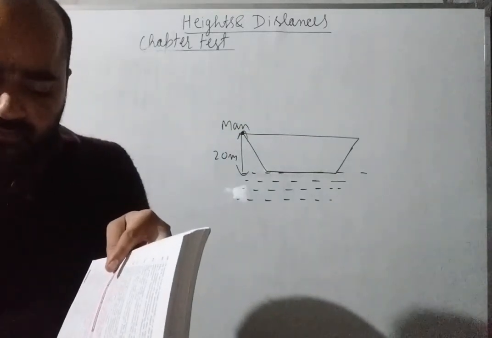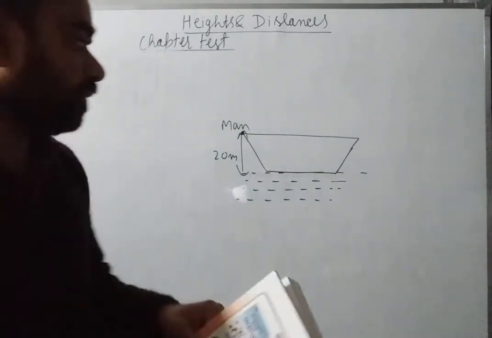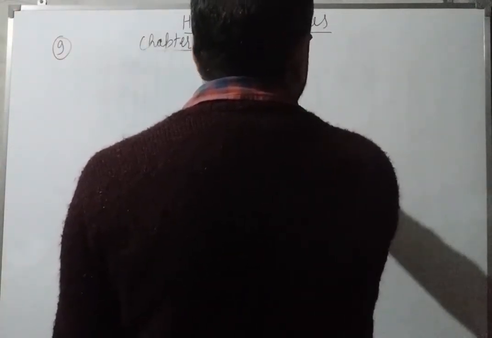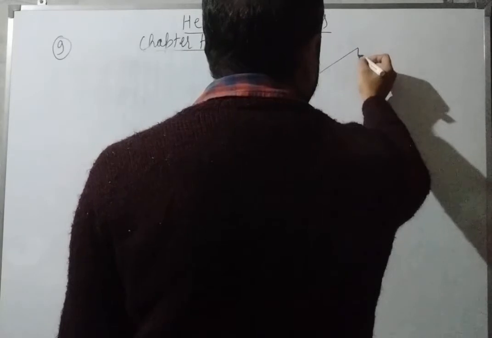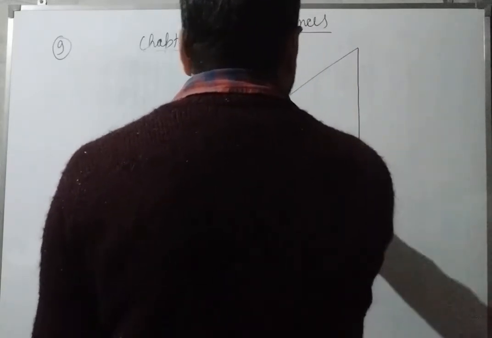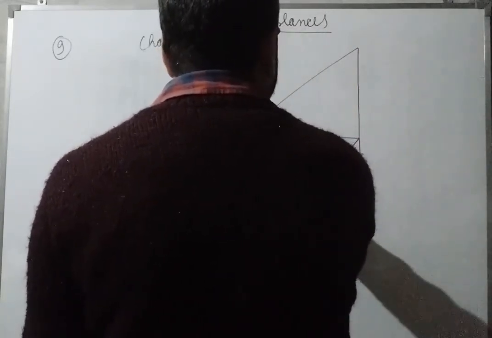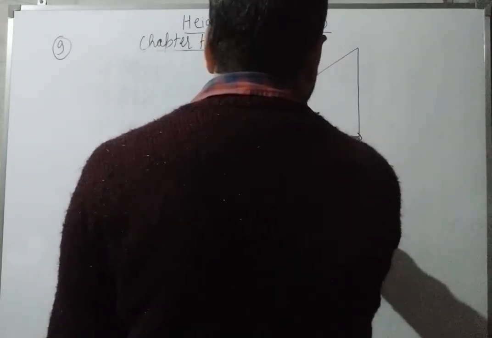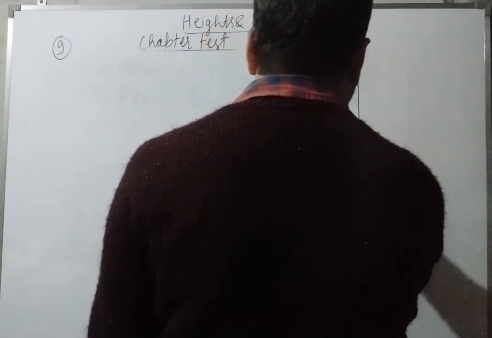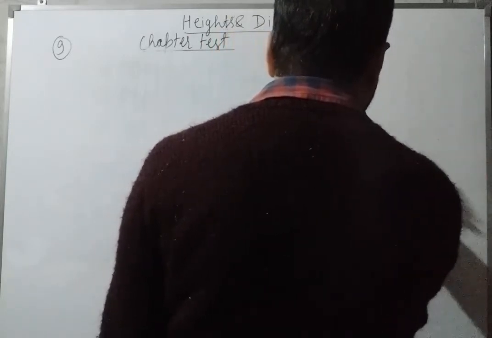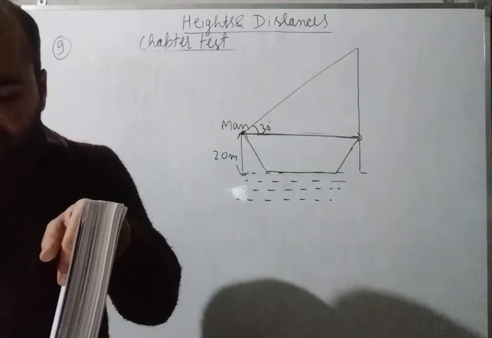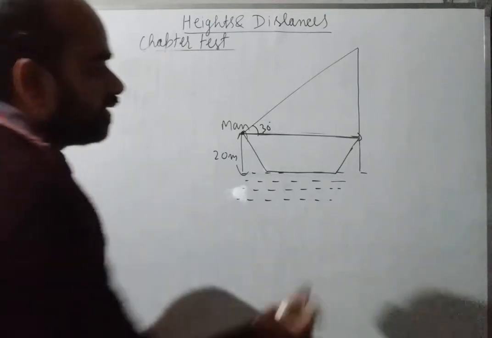Observe the angle of elevation of a bird as 30 degree. Suppose here is the bird, so he observes the angle of elevation as 30 degree. It means this is 30 degree, correct? And also observes the angle of depression of its reflection in the sea as 60 degree.